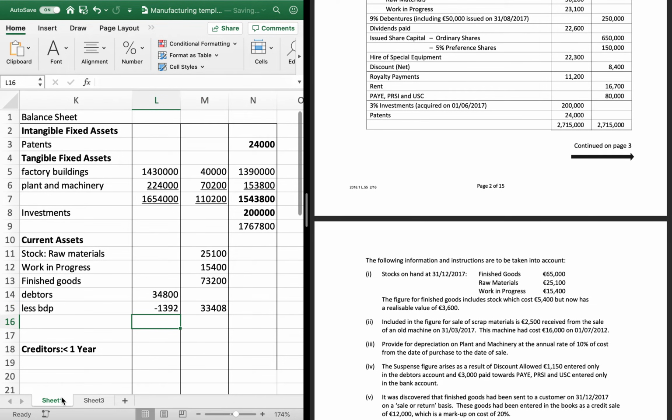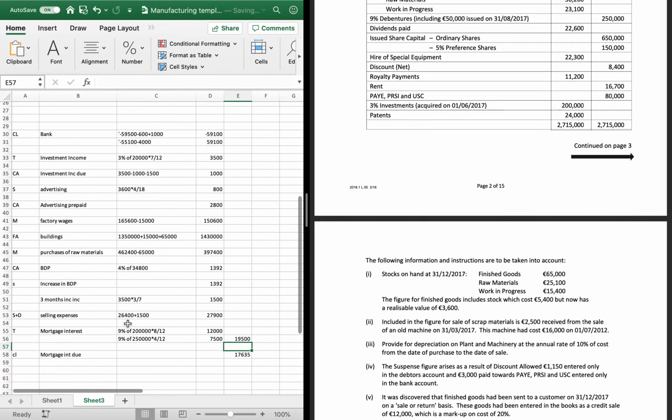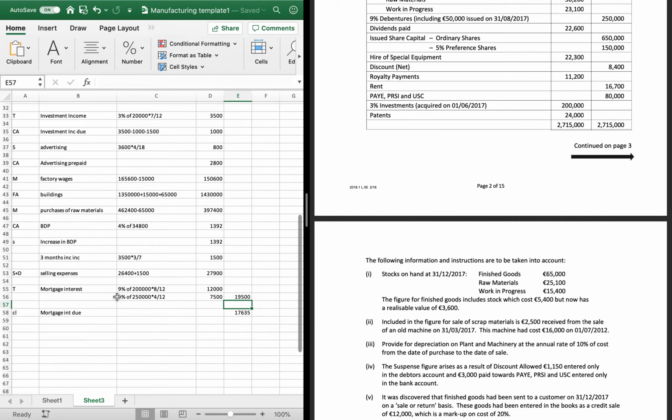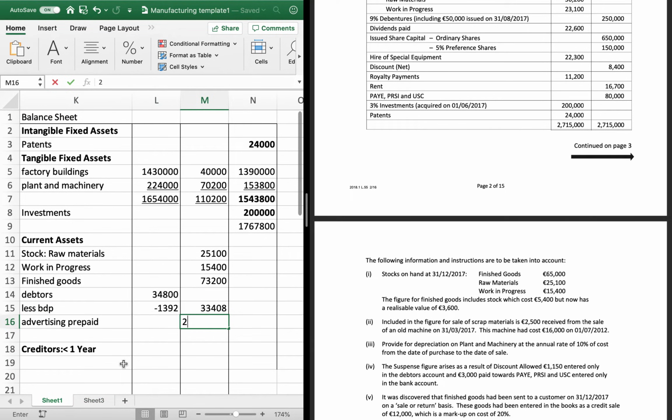Okay, so that's my current assets. Is there any more? There's the advertising prepaid. You'd see this quicker than me because you'd have the workings page in front of you, ticking them off, I hope. Your advertising prepaid of 2.8 is a current asset. And then of course you've definitely got investment income due.